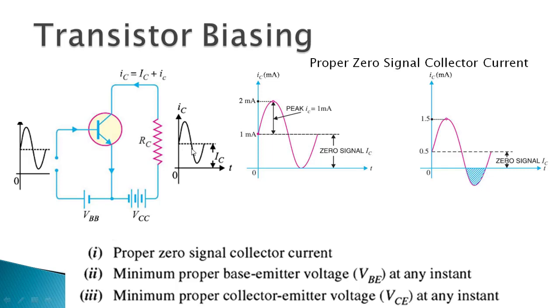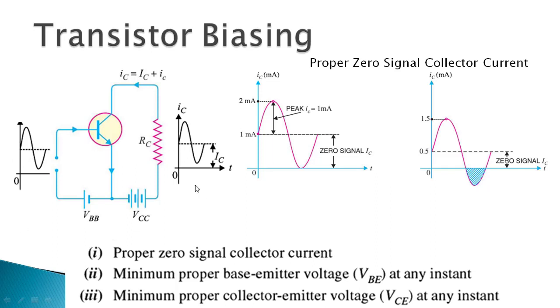Here there is one DC in the input side, and in the output side also we have one DC, but the positive cycle is positive and the negative cycle is also positive. So this input DC is called zero signal base current. This dotted line in the output side is called zero signal collector current. This zero signal collector current is obtained by giving zero signal base current.